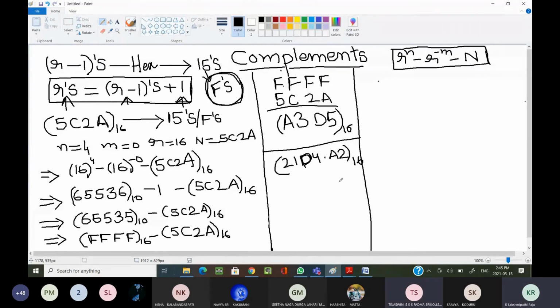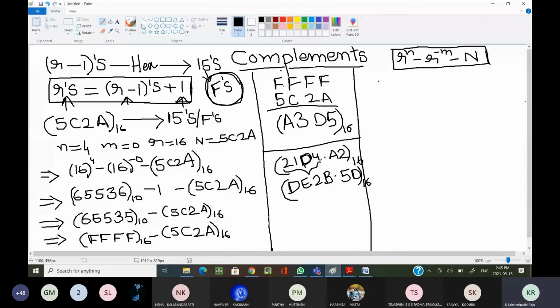You already know the complement of the fractional part. The answer is D2B.5D. Hope everyone got the same answer.